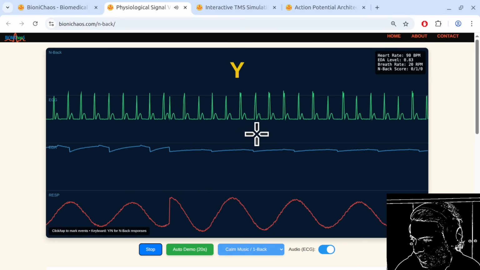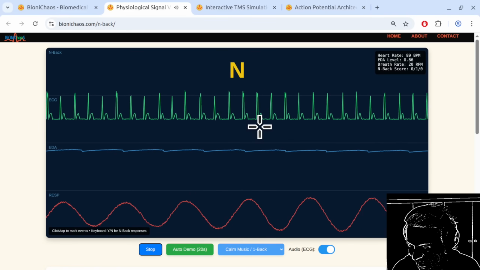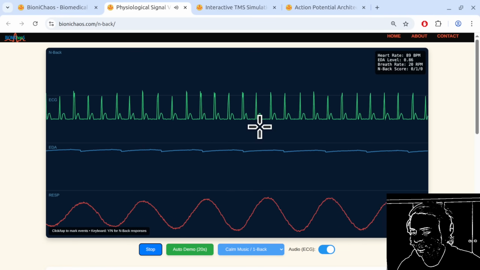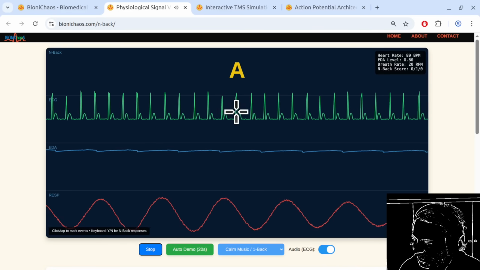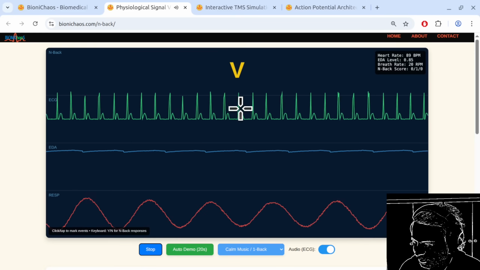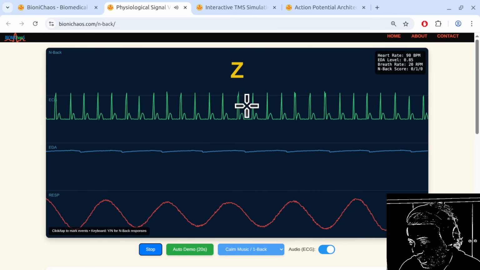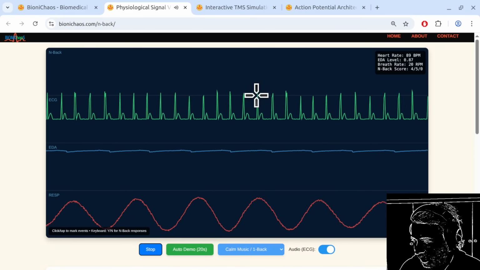So if we have K, Y, T, they're meant to actually start repeating. They're not meant to be totally random. I think they are, which is bizarre, because if you keep hitting no, you'll always be getting a high score.